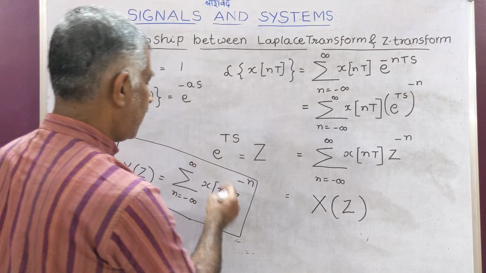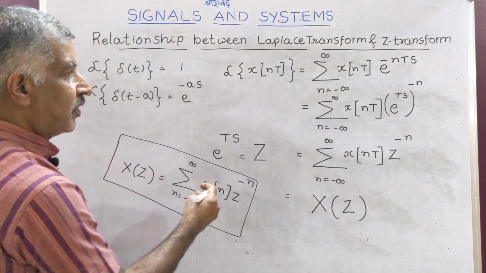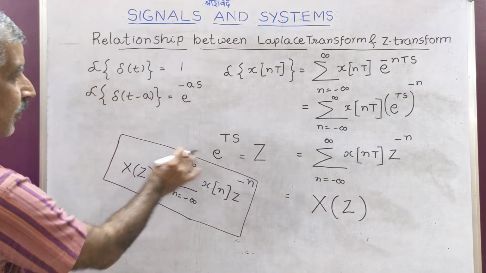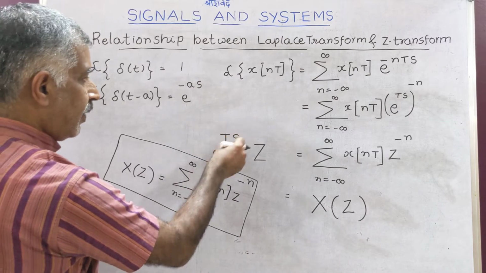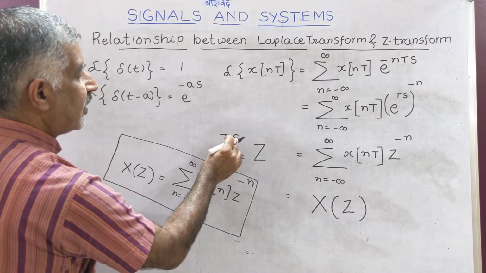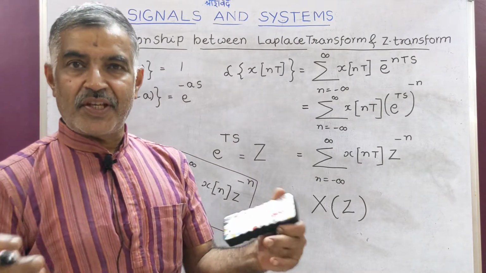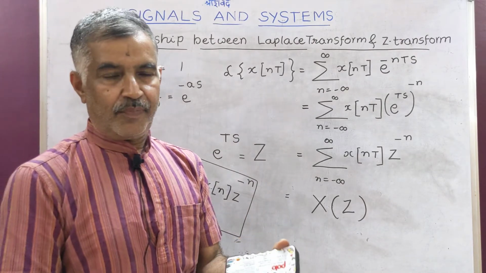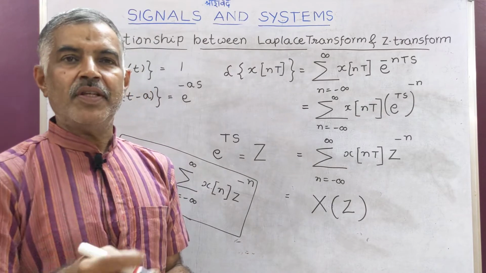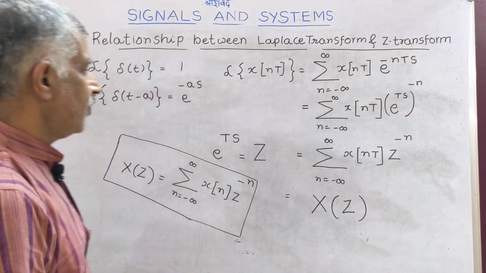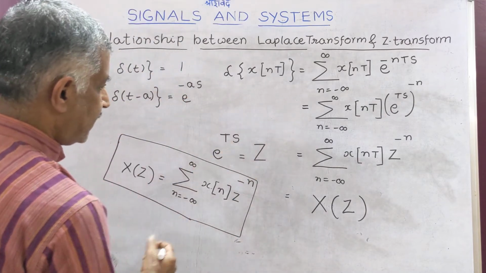Now, from the definition of the z transform, this expression was possible because of the simplification e power sT equal to z. To establish the relationship between z of the z transform and s of the Laplace transform, take logarithms on both sides.